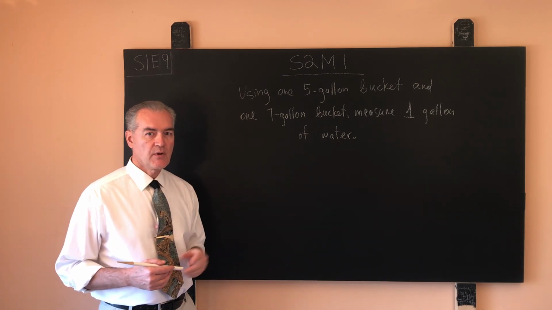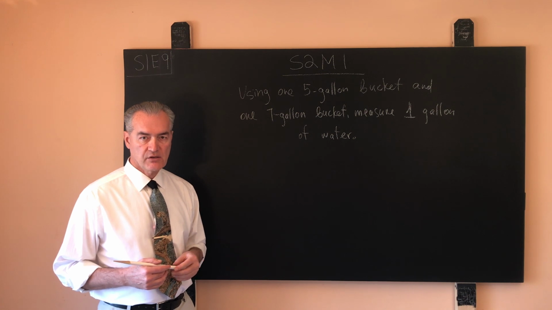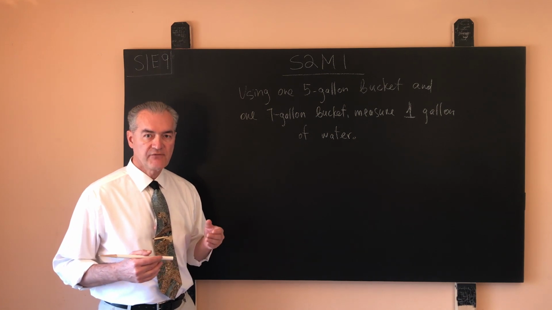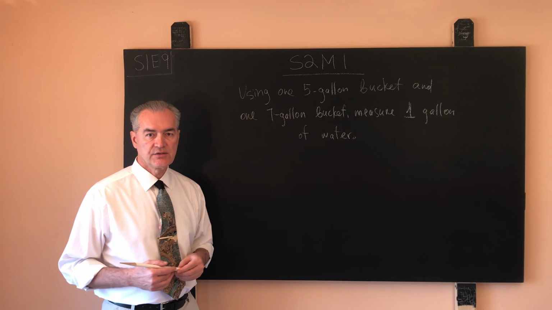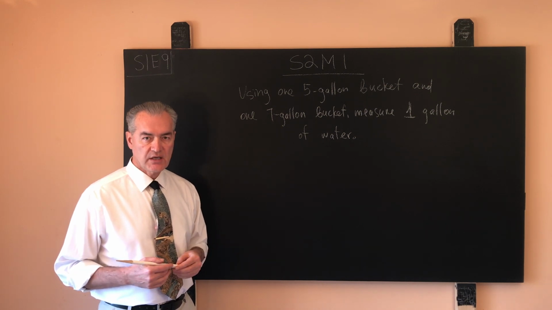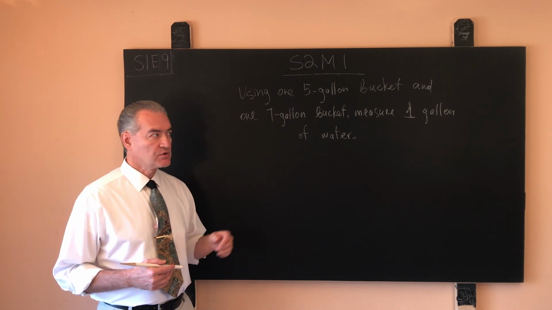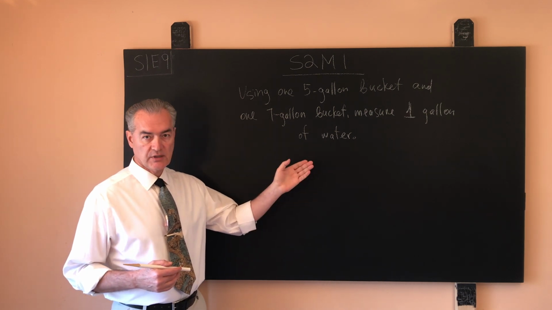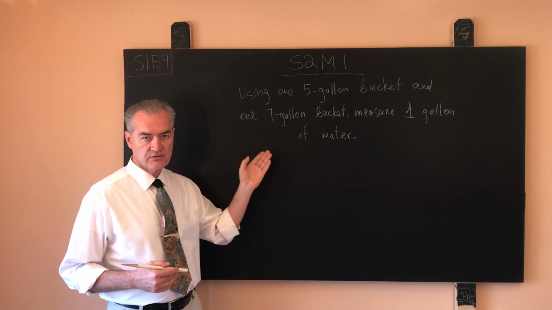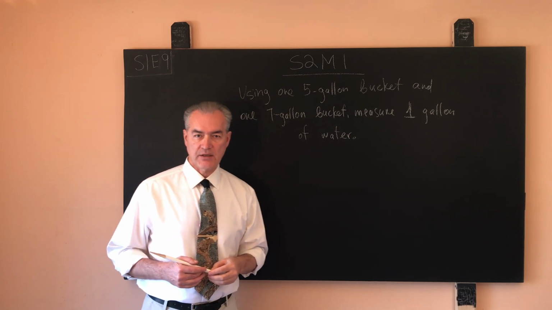Because in this problem, we're looking for an algorithm, a finite description of a finite number of steps, which will allow us to measure 1 gallon of water using one 5-gallon and one 7-gallon bucket.